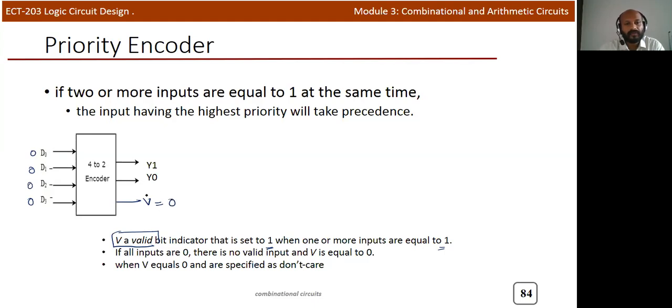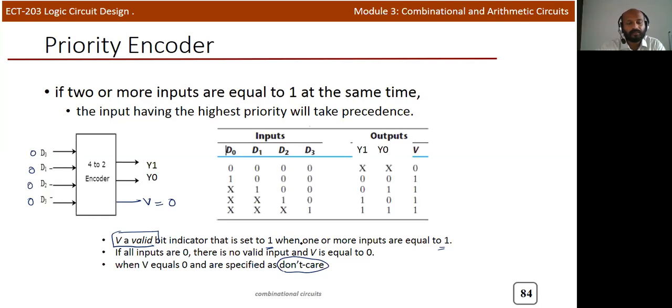Then V is indicating that the output is not valid, or the input is not valid, because we are not considering the case where all the inputs are 0. If all the inputs are 0, we cannot expect any output, so that output is invalid. Or we can consider that case as a don't care condition.